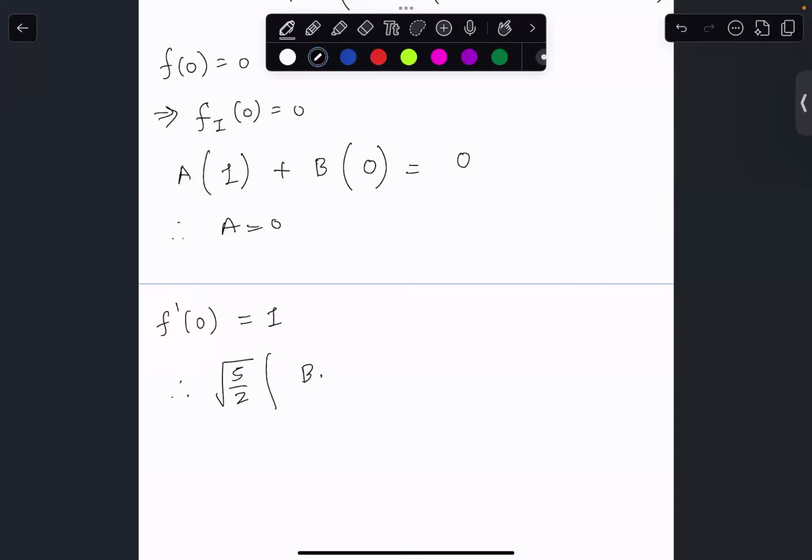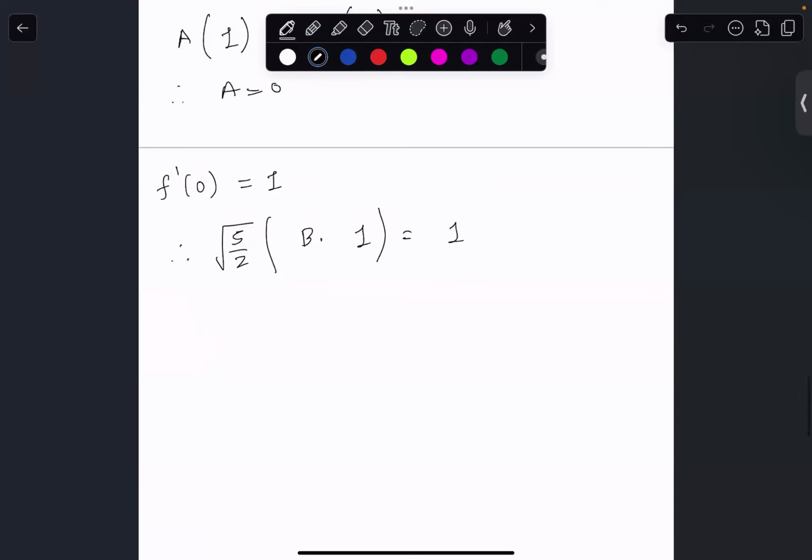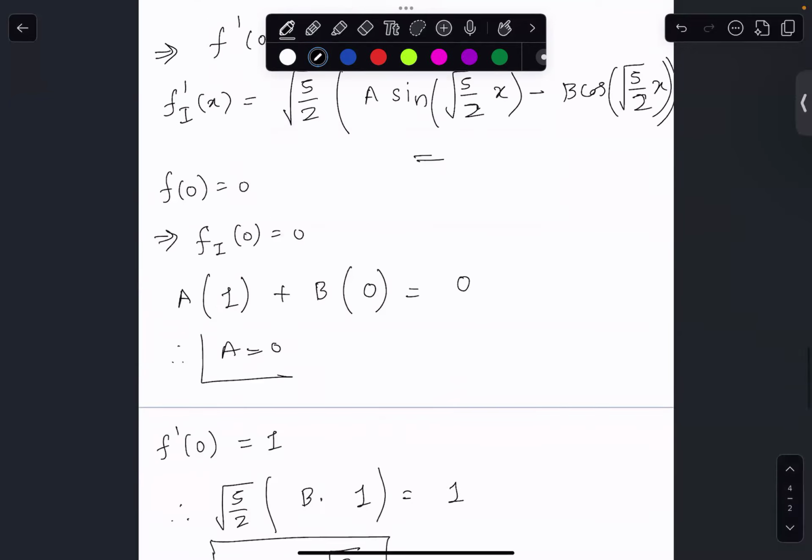So I'll just write that as 1 equals 1. Therefore, we have the value of b equals 2 upon square root of 5. So we have the values of a and b readily here from our first boundary conditions.